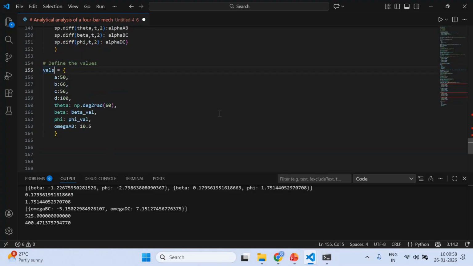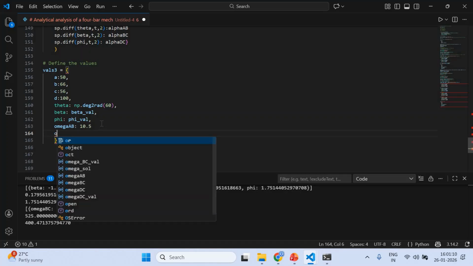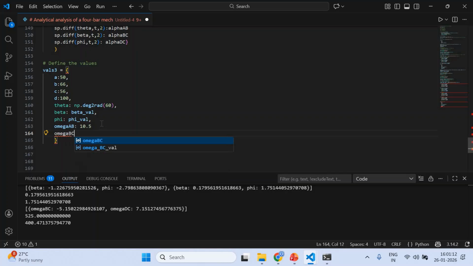I will call it Wells 3. And now let's see what other parameters will be added to this dictionary. So obviously now beta well and phi well, they will be there. Omega AB will be there. Apart from this, now we have values for omega BC. So we will add omega BC underscore well.